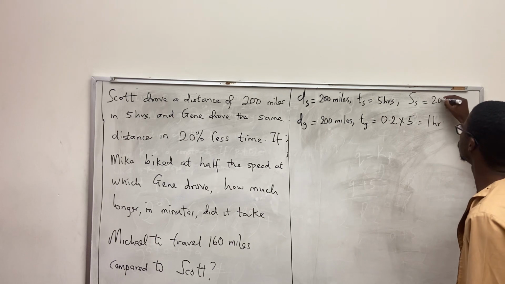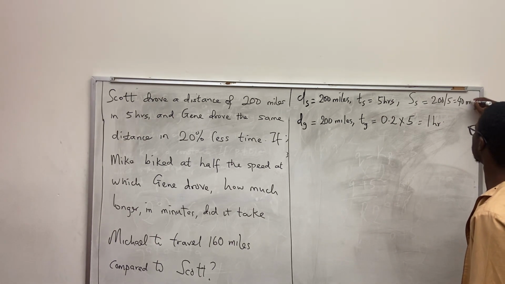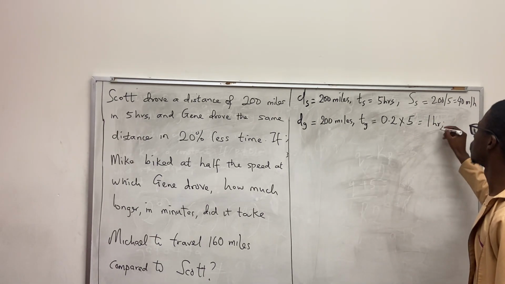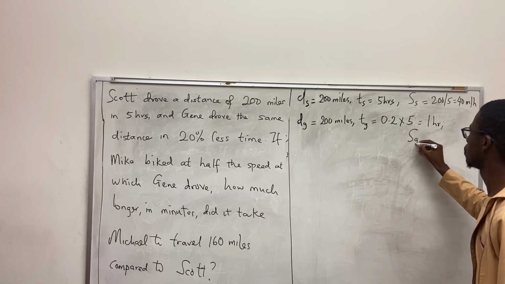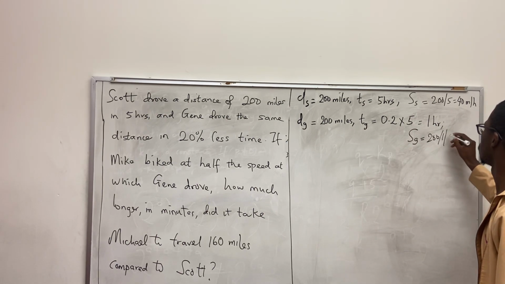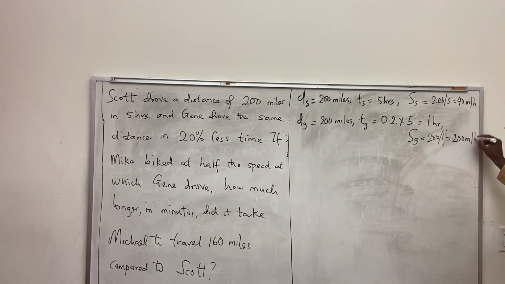So that's 200 divided by 5, which is 40 miles per hour. All right. Then for Jean, the speed for Jean is 200 divided by 1, which is 200 miles per hour.